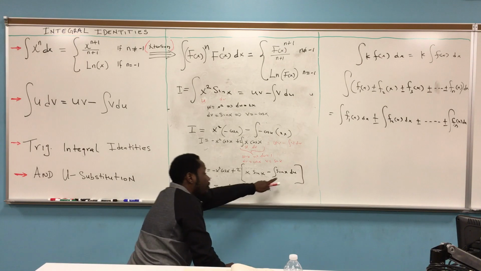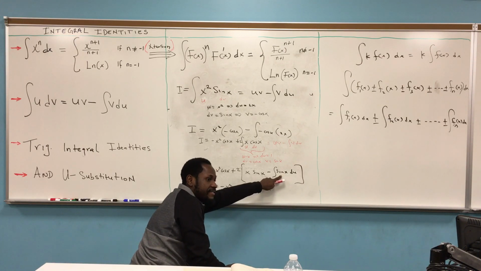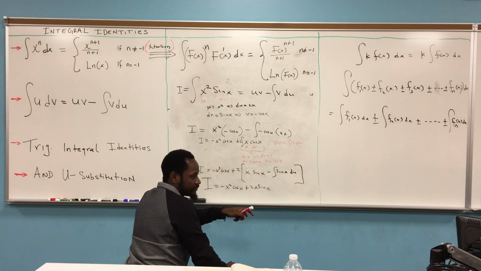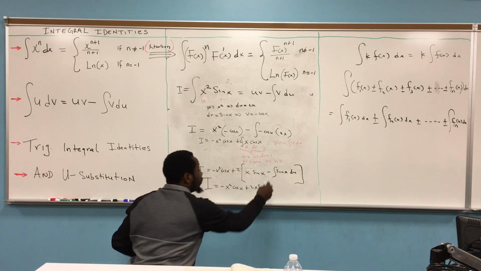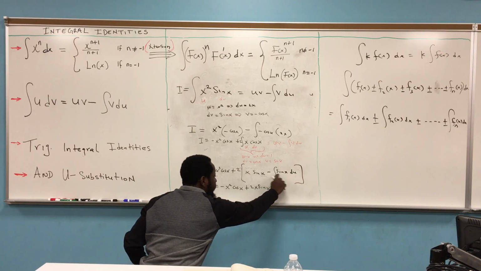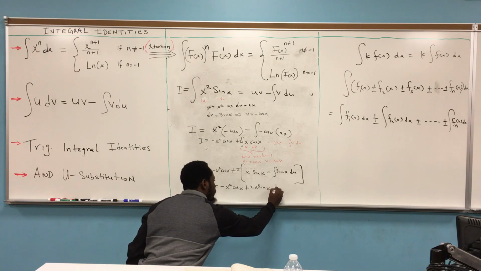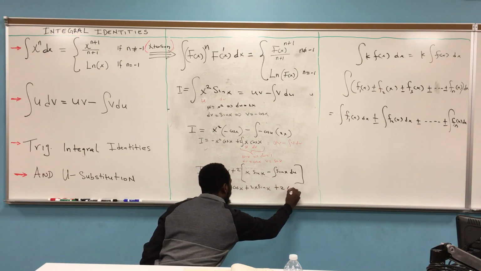The integral of sine x is negative cosine x, because the derivative of cosine x is negative sine x. Or the derivative, or sorry, the integral of negative sine x is cosine x, right? So I'll have plus 2 cosine x.